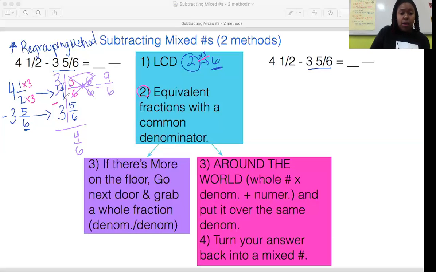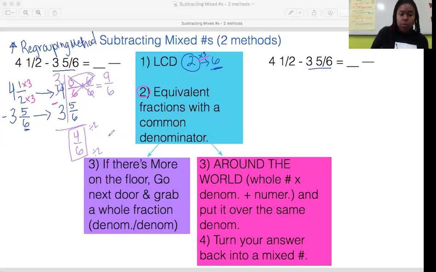Then I look at my whole numbers and say, 3 minus 3, 0. I don't even have to write anything, right? Easy peasy. This is an answer that will get you the points on your IAR. It'll get you all the points. We don't have to simplify. If you would like to, you'll notice that both of these numbers are divisible by 2. They're multiples of 2.